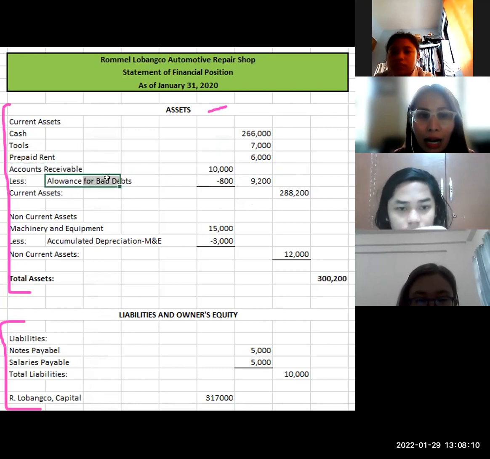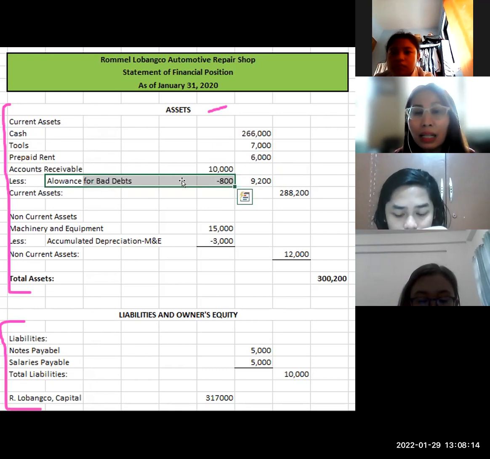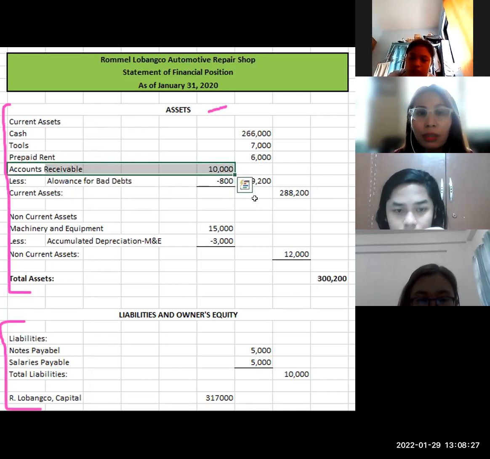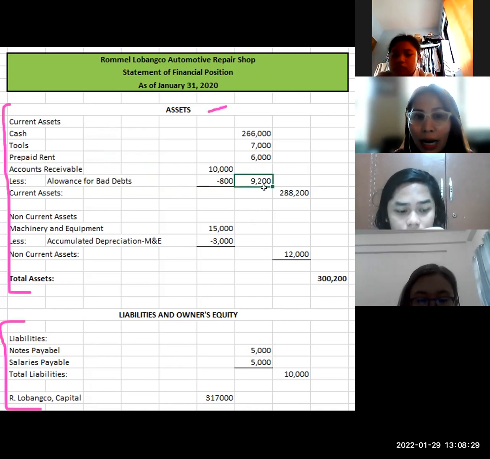Again, allowance for bad debts are accounts that cannot anymore be retrieved from the clients or customers. Kaya the allowance for bad debts must be reduced to the accounts receivable. And then you will have a new balance.